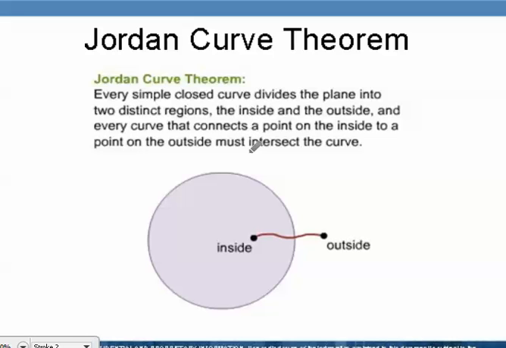You didn't know you were doing it because they didn't talk about topologically equivalent objects, but they did talk about something that came out of topology, and that is a Jordan curve. A Jordan curve is a simple closed curve that divides the plane into two distinct regions, the inside and the outside.